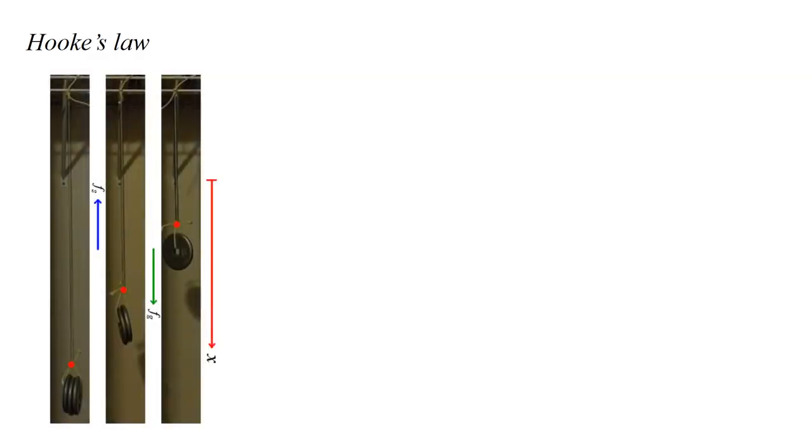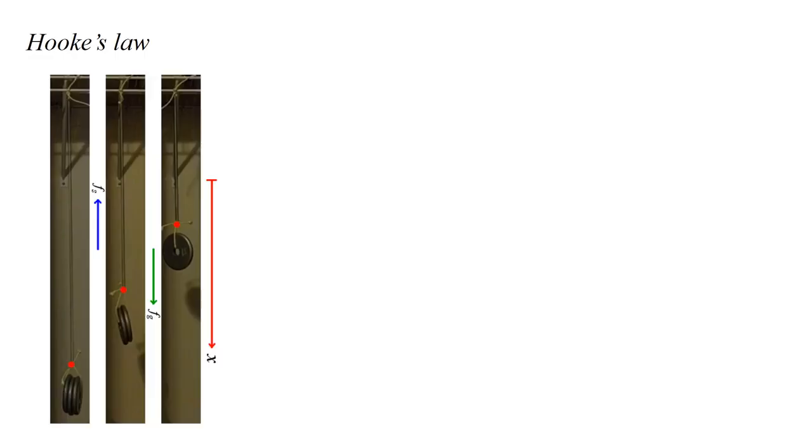The force law for a spring is called Hooke's law, after Robert Hooke, who first stated it in 1676. In these three photos, we show a spring fixed at its top. In the right frame, it has a single 2.5-pound weight at its bottom. In the middle frame, 2 of these weights. And in the left frame, 3 weights.